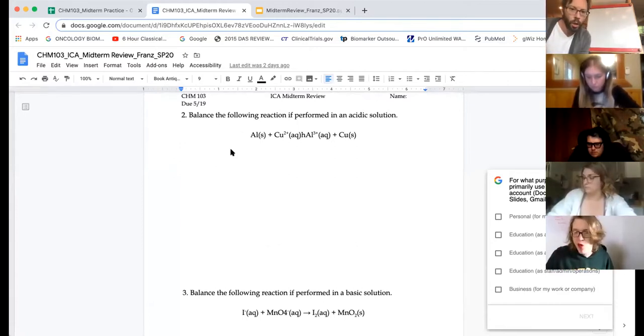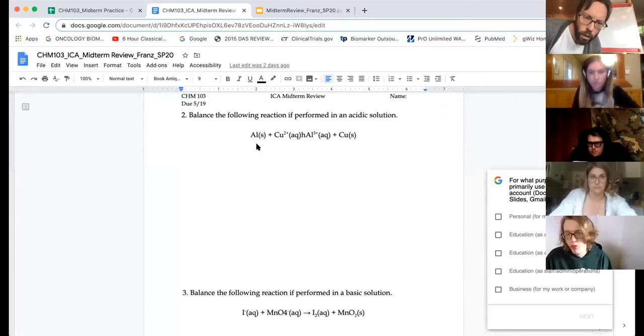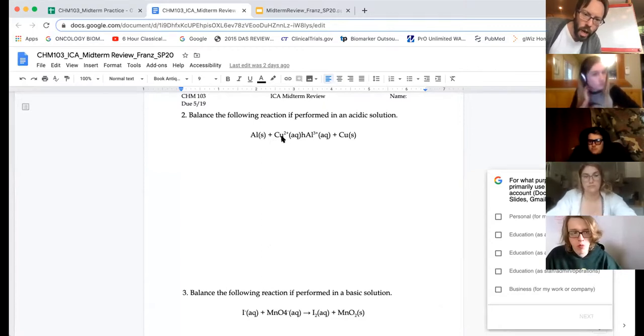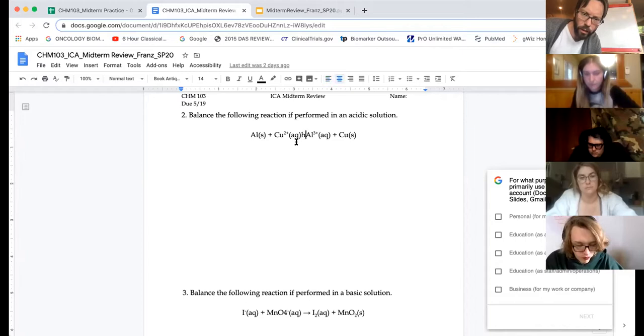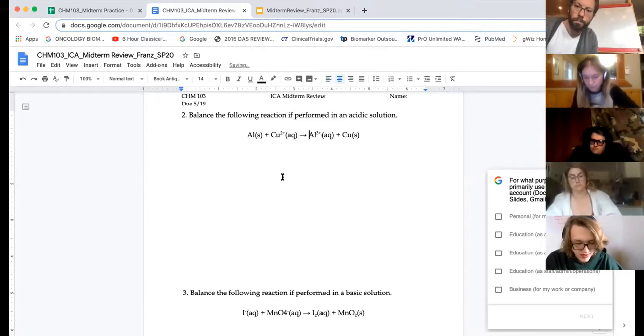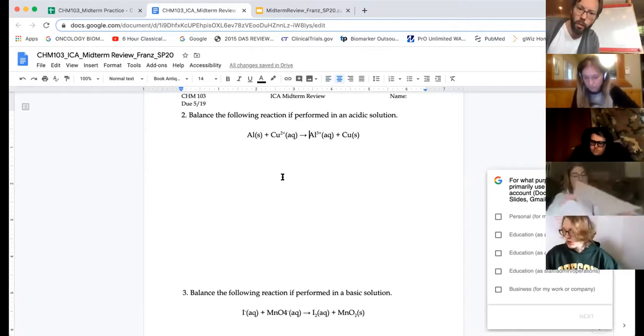Okay, so this one, looks like there's a typo there. It should be solid aluminum plus aqueous copper ions, and then that H, it must have been like a formatting thing. Should be goes to aluminum ions and copper solid.